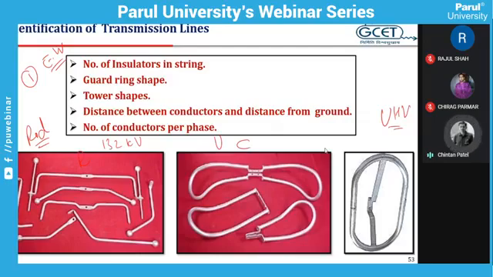So if it is a bundle conductor, then definitely in 90% of cases, it will be a 400 kV line, because we have very few 765 kV transmission lines. Near Parul University, you will find both a 400 kV line and a 765 kV line.